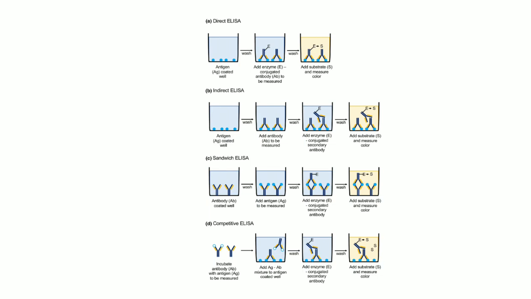So even if you add substrate, nothing is there to act on the substrate, so no color will be produced. But here the absence of color indicates that the test is positive. What does it mean if there is no color? The antibody is there in the patient sera.